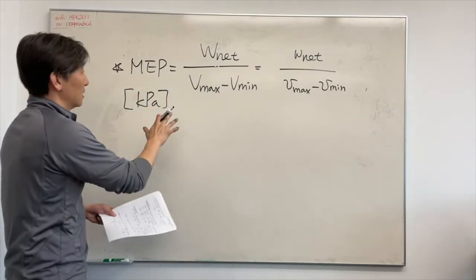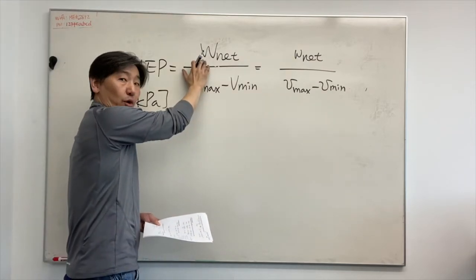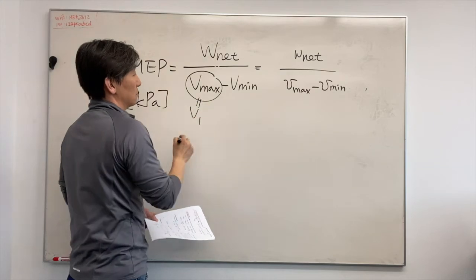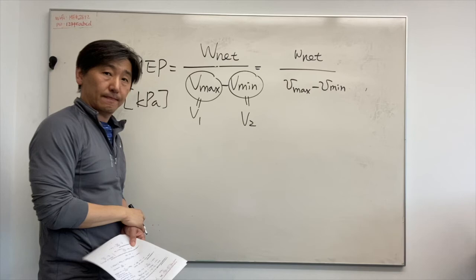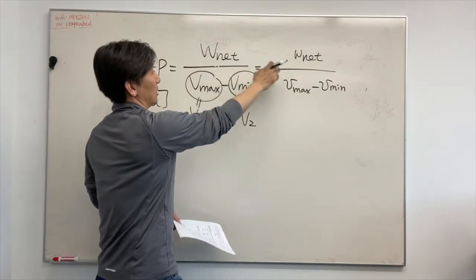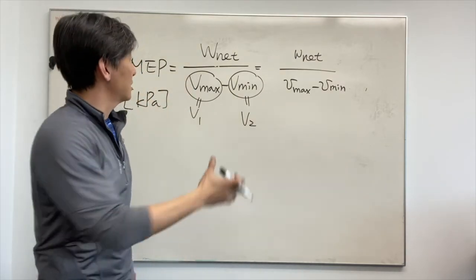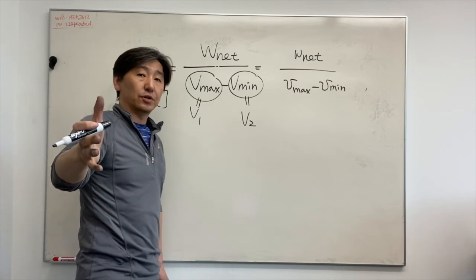Okay. Then we can calculate it, right? We already calculated the net work, and we know Vmax, in this case it should be V1, and Vmin, that is V2. Or we can calculate the net work per unit mass by dividing the value that we calculated by the mass of working fluid, which we also know.